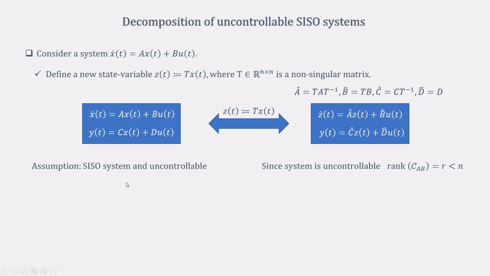The assumption here is that the system is a CAB system and it is uncontrollable. Now, since the system is uncontrollable, we know that the rank of the controllability matrix will be less than n.